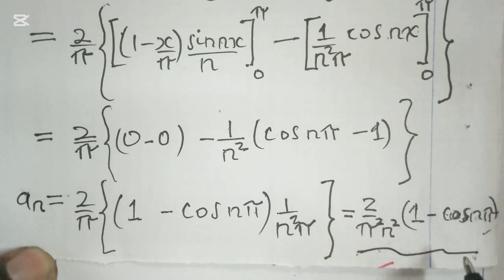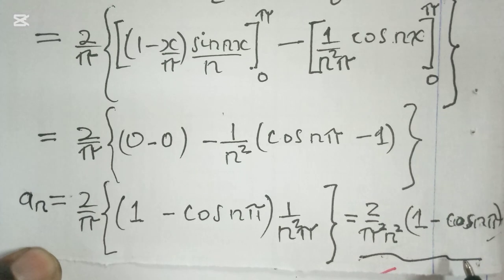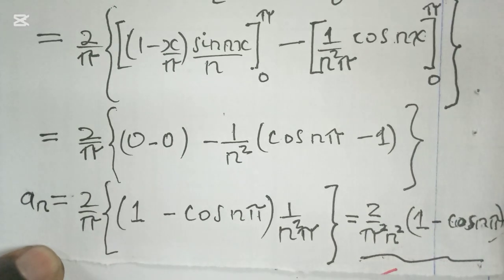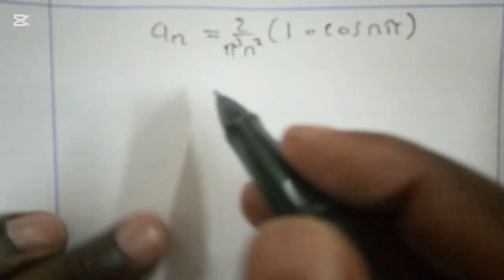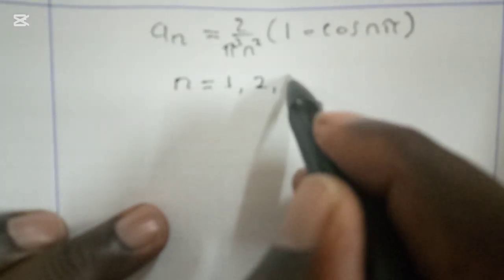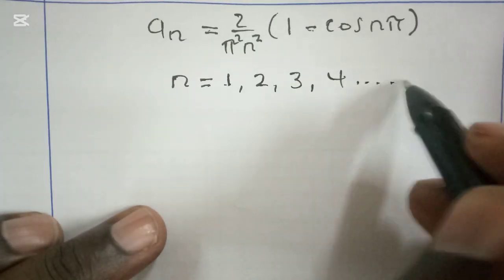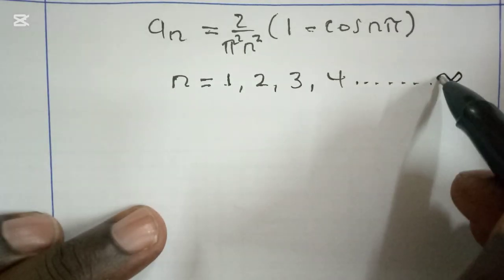So guys, we continue with this equation up to the end. Having this equation, we know that n is supposed to be 1, 2, a natural number, until we go to infinity.